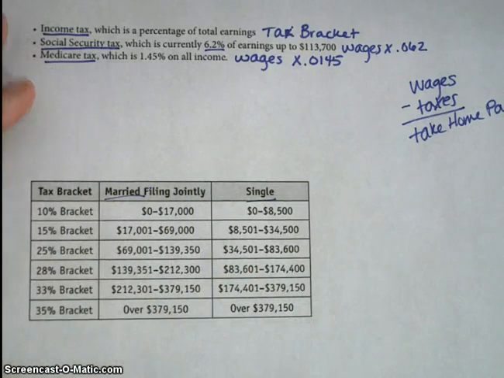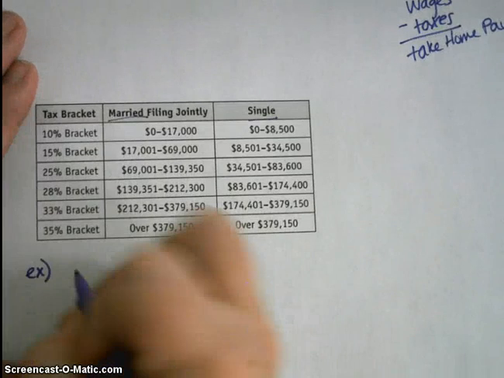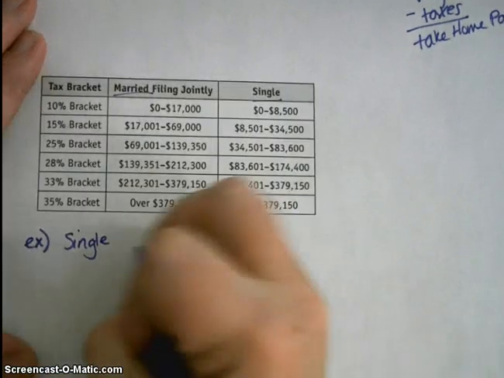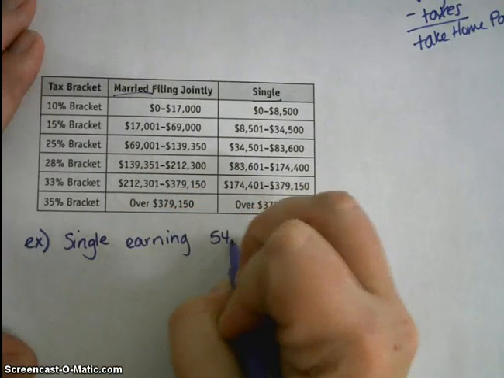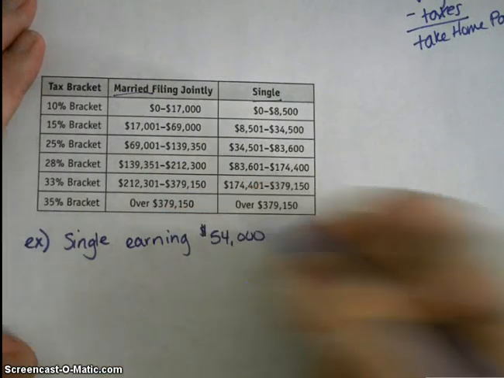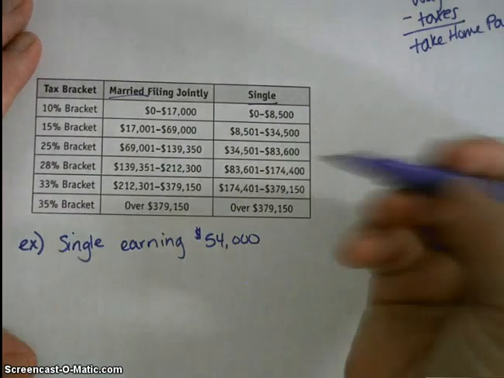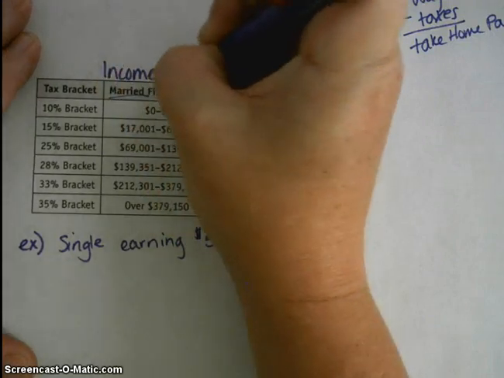So let's take a look at an example. Let's say we have a single person, because we're going to use the single side, earning $54,000 before taxes. So we're going to try and find this person's actual take-home pay. To do that, we're first going to find the income tax from our tax bracket.